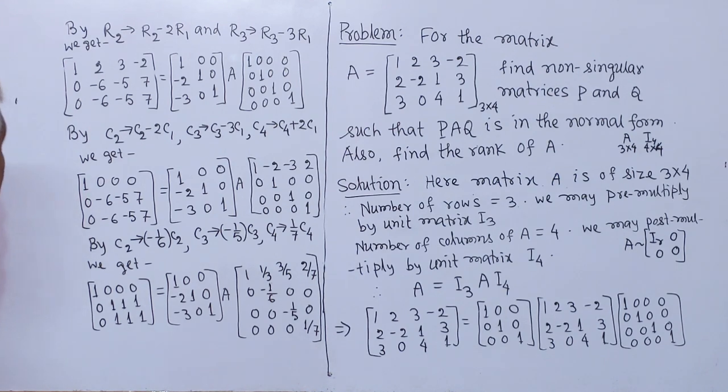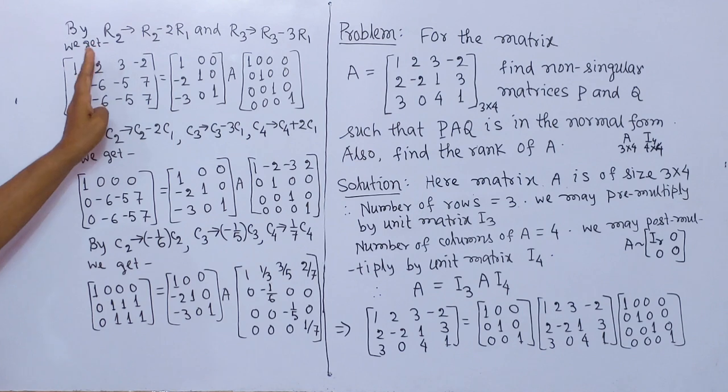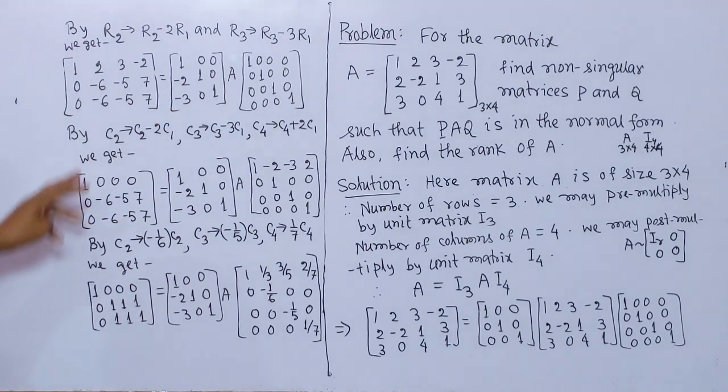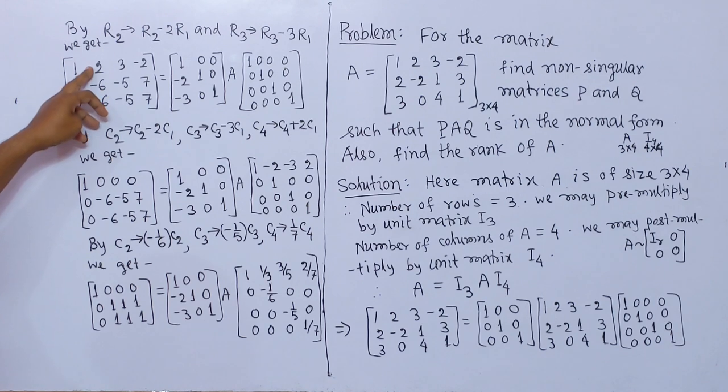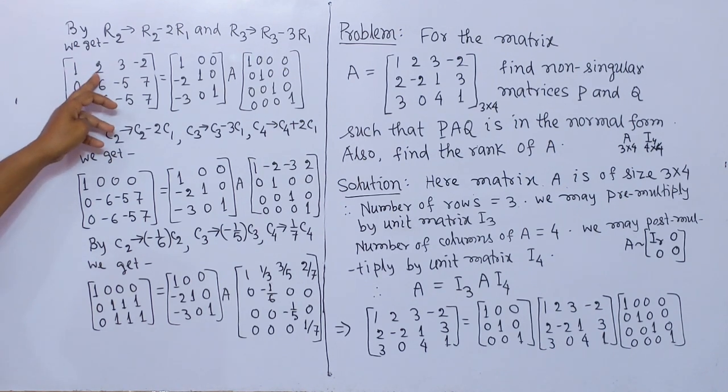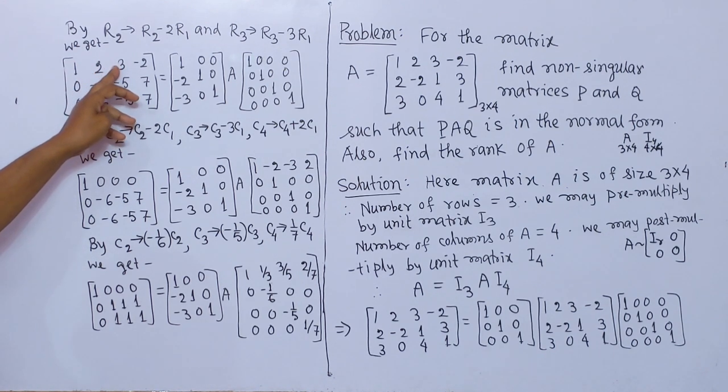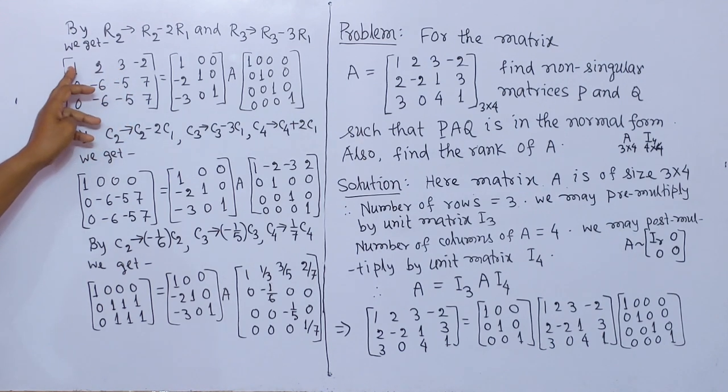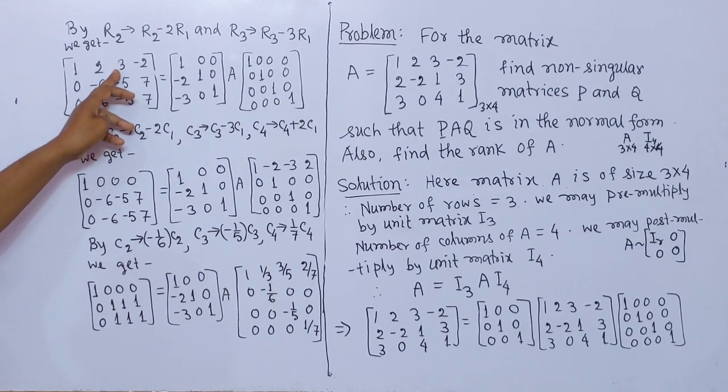Now we will have to make here 0, here 0, here 0. That means we have to perform column transformation. So in place of C2, we will perform C2 minus 2C1, so here 0. In place of C3, C3 minus 3C1, here 0.